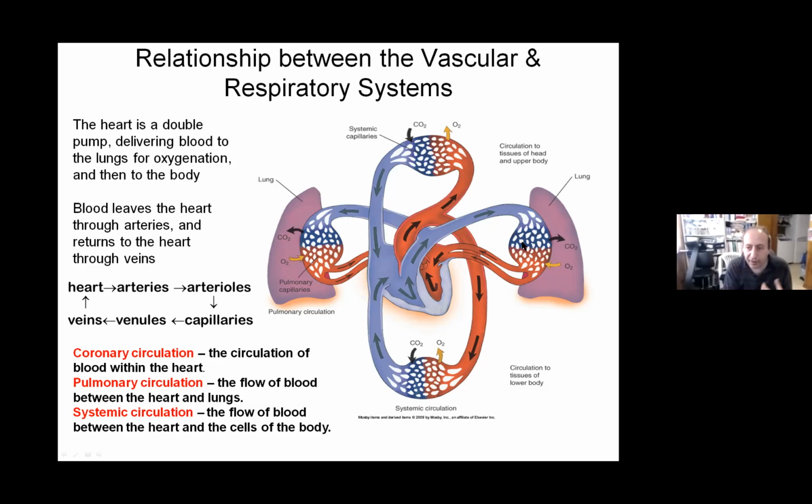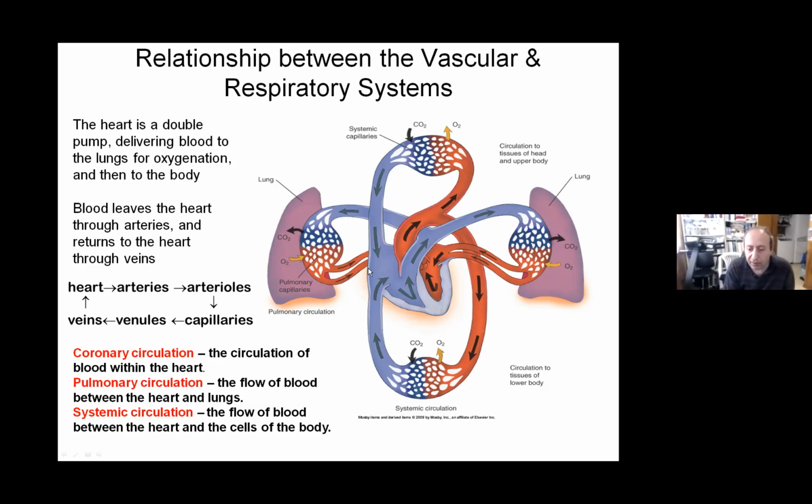When we exhale, carbon dioxide is usually at a 5% level. And so oxygen will diffuse into the lung in the alveoli. Then this oxygenated blood is pumped to the systemic circulation.